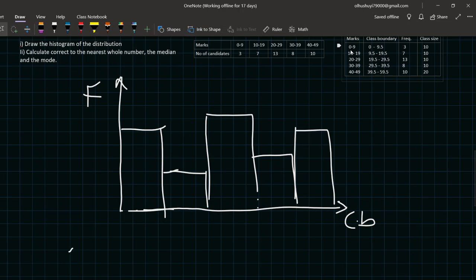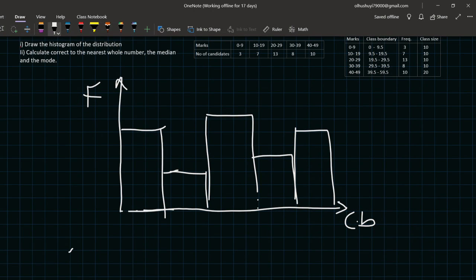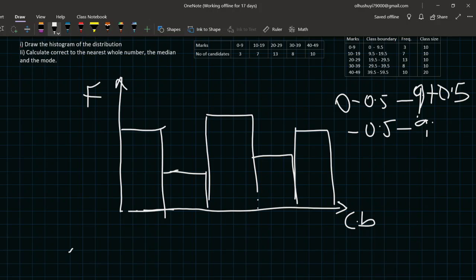Ideally we should have just done 0 minus 0.5, then to this 9 plus 0.5. So that will give me minus 0.5 to 9.5.